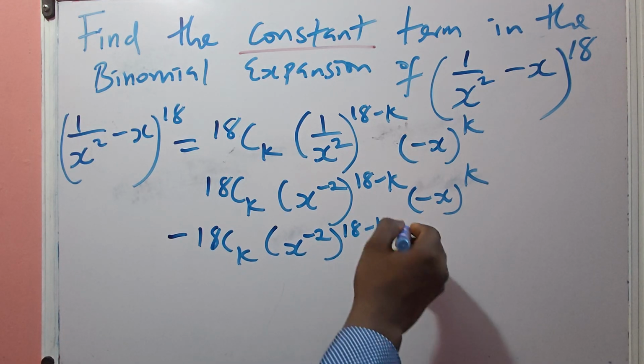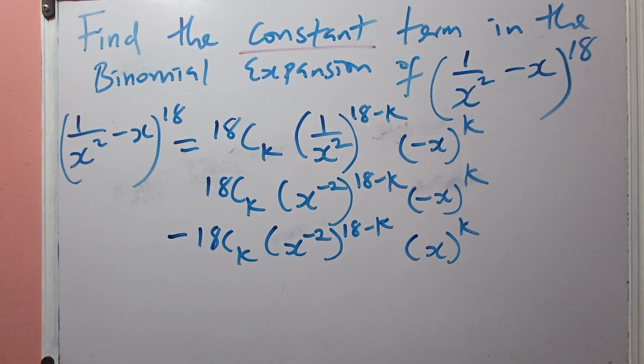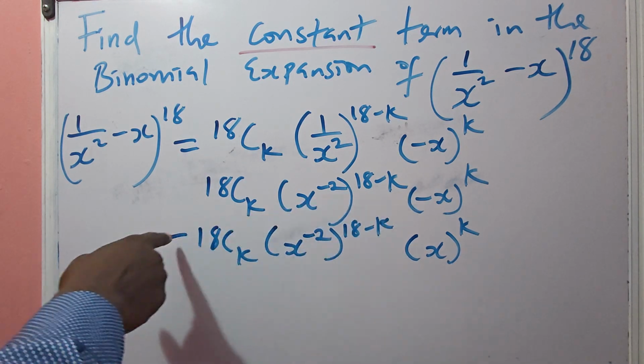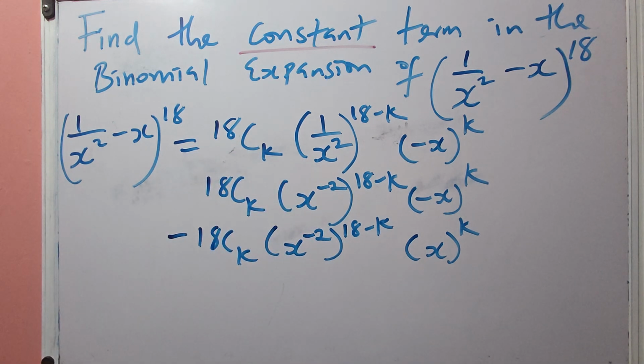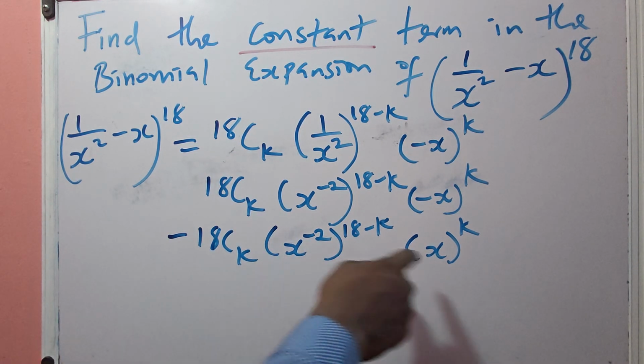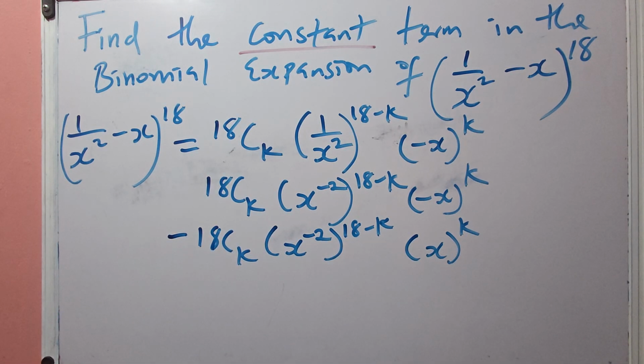This step is just to ease up your work. It's not wrong mathematically, because in the end this minus will still affect everything. So me shifting the minus here doesn't change anything. Don't forget, all these things you are seeing here are all one term. It's not a case where it's a different term and you are removing the minus. It's still the same term. So if you put it here or you put it here, this minus still affects everything.